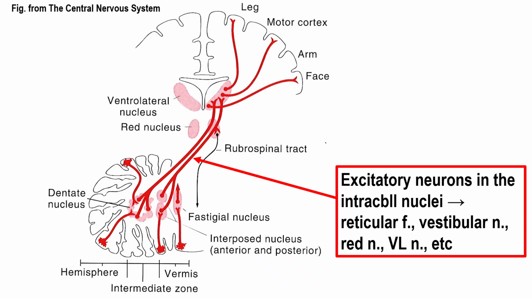Excitatory neurons in the intracerebellar nuclei send information to motor-related areas such as the brainstem reticular formation, vestibular nuclei, red nucleus, and ventrolateral thalamic nucleus, depending on the specific cerebellar nucleus in which they reside.